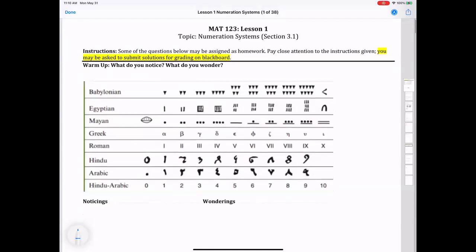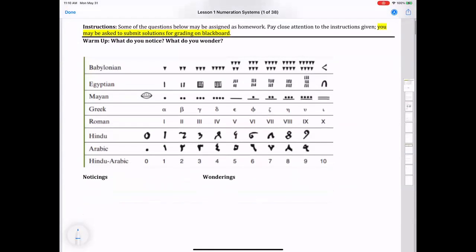I think some people would notice that during the ancient times, the Babylonian times, people used tally marks to record numbers. So they're just using the same character, like a triangle, to represent how many. That is correct.